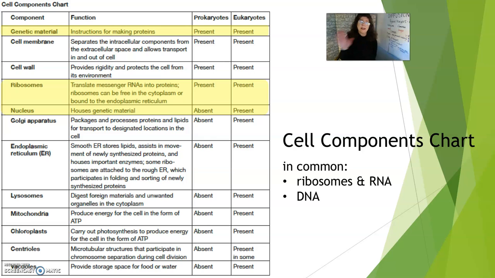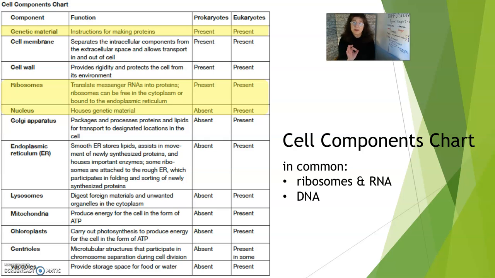So every cell that we're talking about, prokaryote and eukaryote, has genetic material, and every cell that we're talking about has RNA and DNA, and every cell that we're talking about has ribosomes as a site to express the DNA code into proteins.